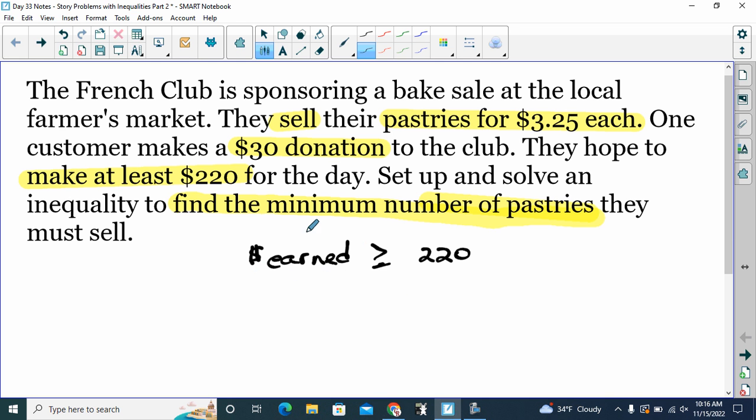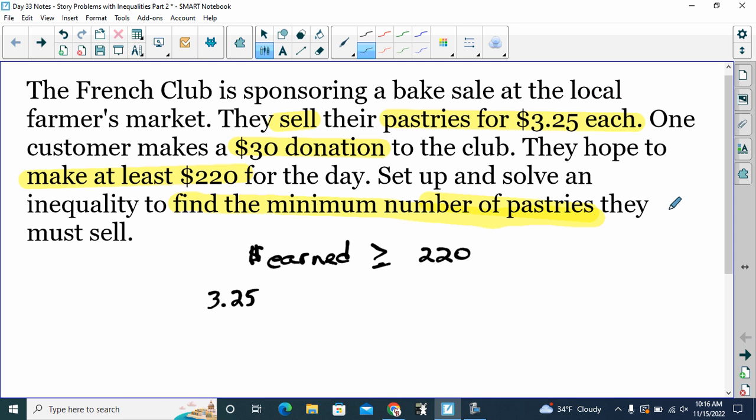Now we're going to set up our algebraic expression for money earned. What things do they make money on? They sell their pastries for $3.25 each. So each pastry they sell, they're getting $3.25, not just once or twice, but every time they sell a pastry.